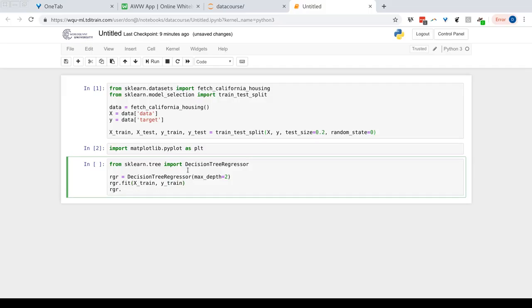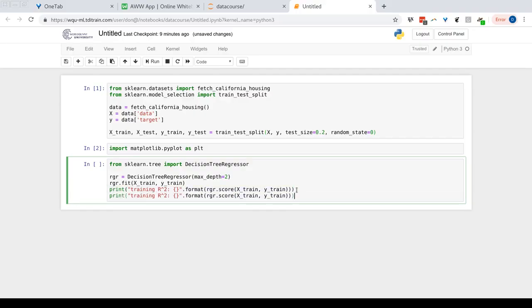So I'm going to evaluate on the test set. Let's see how well it performs. I'm also going to print out several things here: the training R-squared, and the testing.